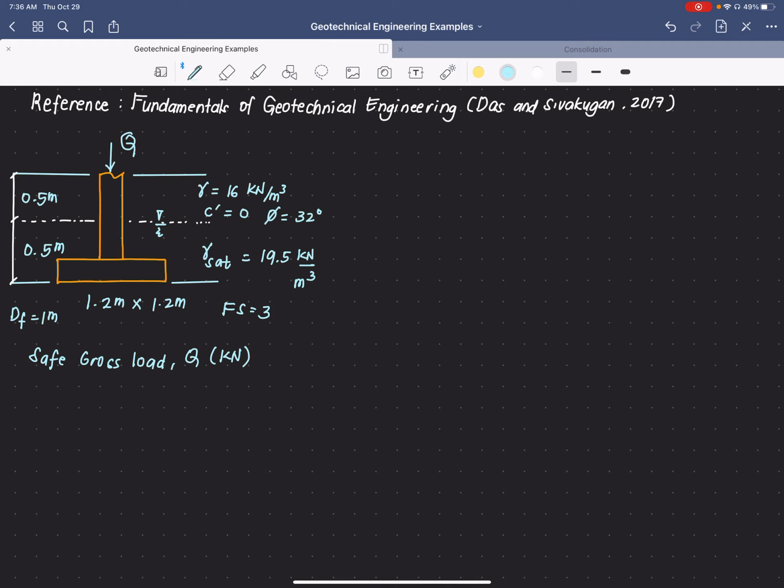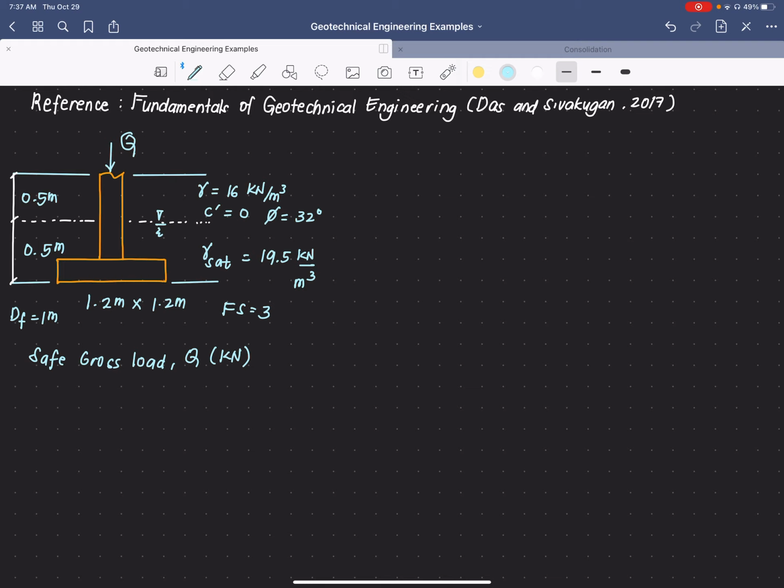So from the given data, we'll be using the Meyerhof's modified bearing capacity equation, or the general bearing capacity equation, sometimes called, which considers some factors like the shape factor, the depth factors, and the inclination factors. So we'll have additional factors that will be included in the formula.